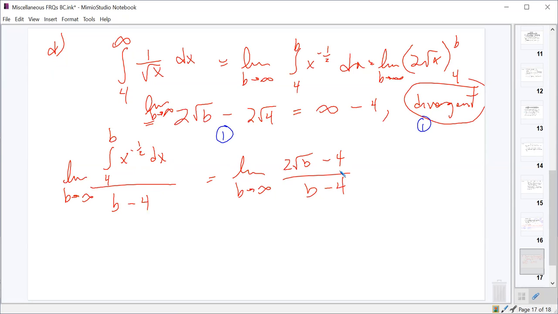If we let b approach infinity, what does this become? Should be 0, right, which is a finite value. So the average value of the function 1 over root x from 4 to infinity is 0, yet there is an infinite amount of area underneath it. And that's worth 1 point for the right setup and 1 point for getting your finite value at the end.